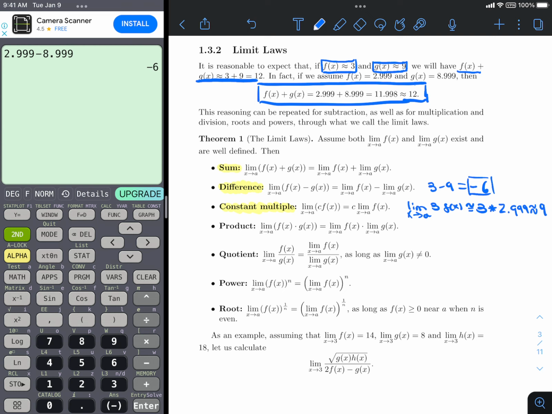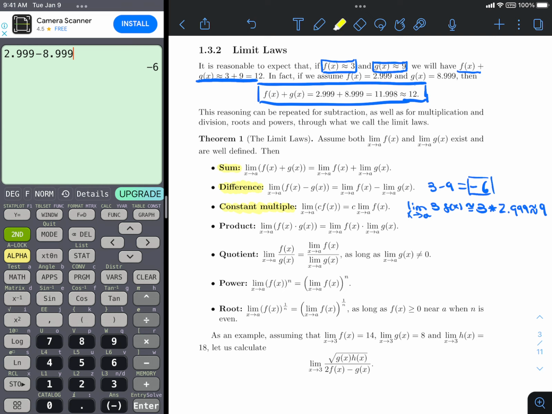The idea is that if something is very, very close to 3, and you double that, then the result is very, very close to double of 3.